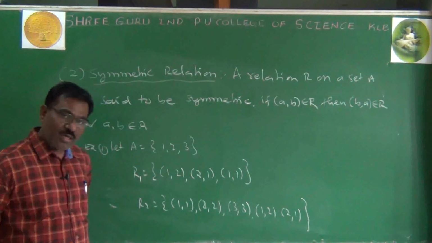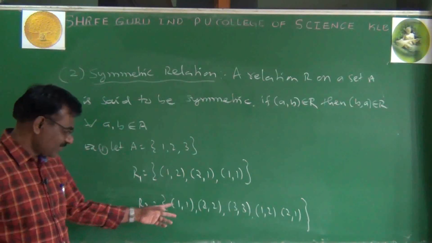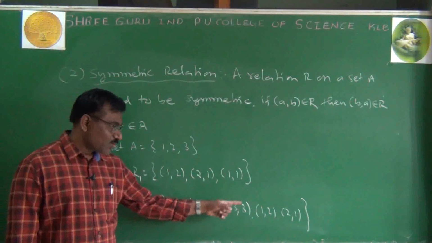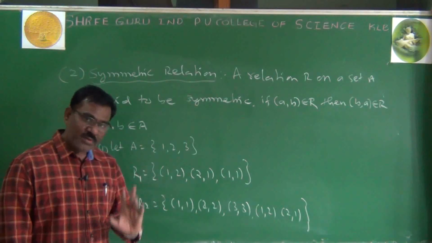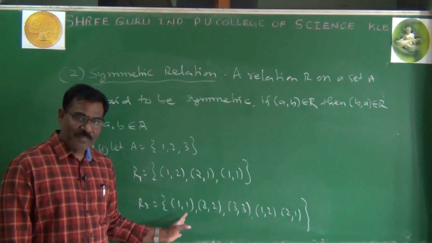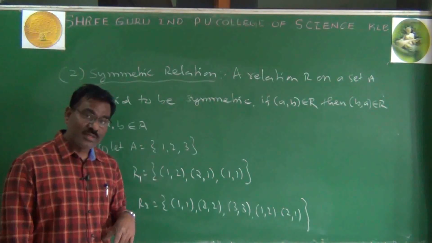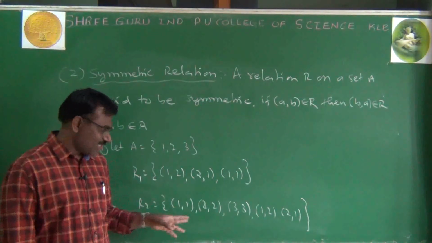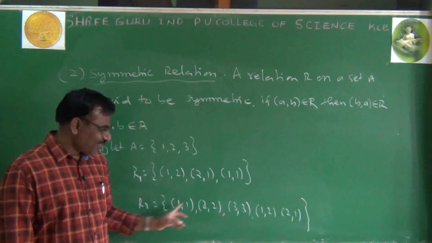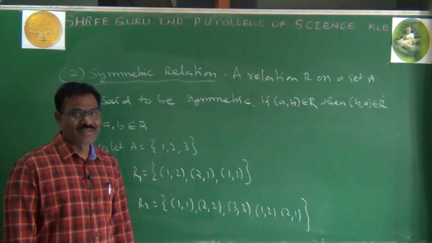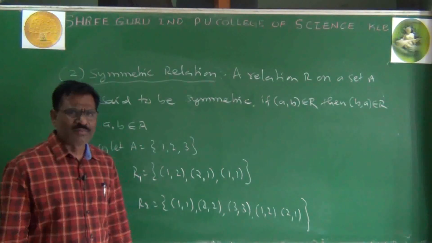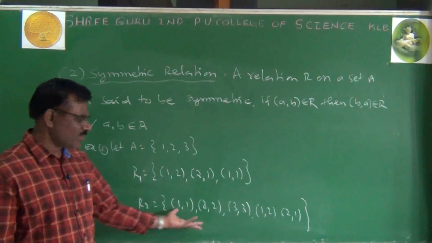Then what is next? R2: 1, 1, 2, 2, 3, 3, 1, 2, 2, 1. My question: is it reflexive or not? Yes, this is reflexive and also symmetric.